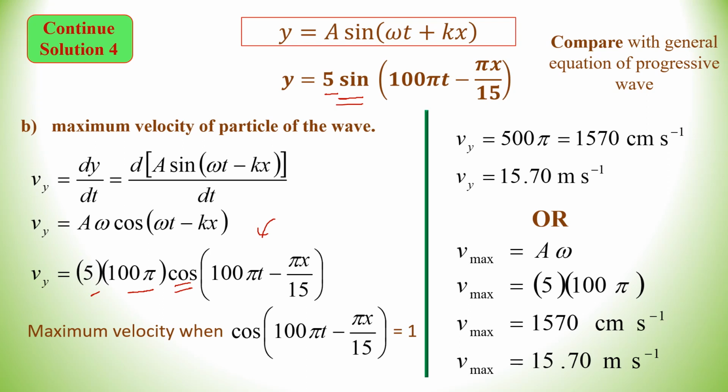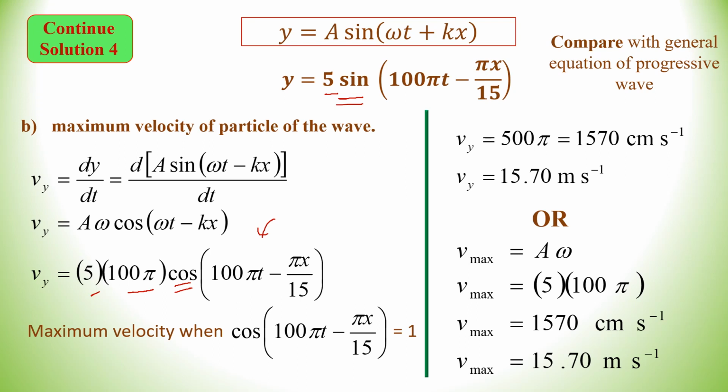So simplify your equation. We get 500 pi cos bracket 100 pi t minus pi x over 15.